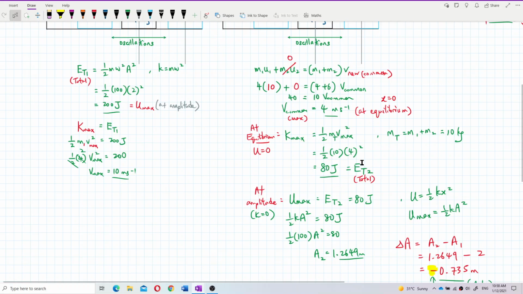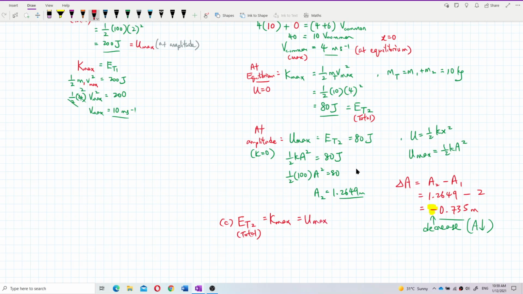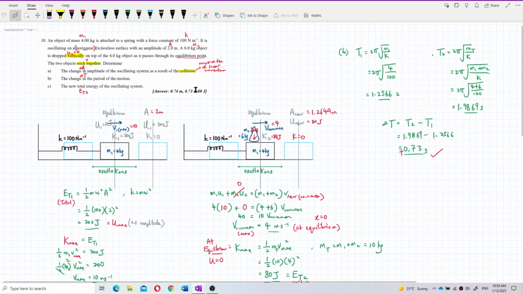So for question C, the new total energy is equal to both the maximum kinetic energy that you calculated or the maximum potential energy you calculated, which is 80 joule. So the answer is 80 joule.